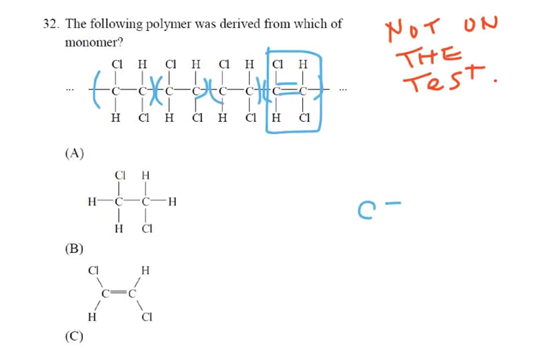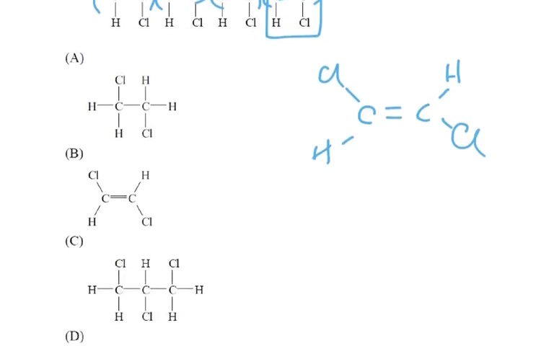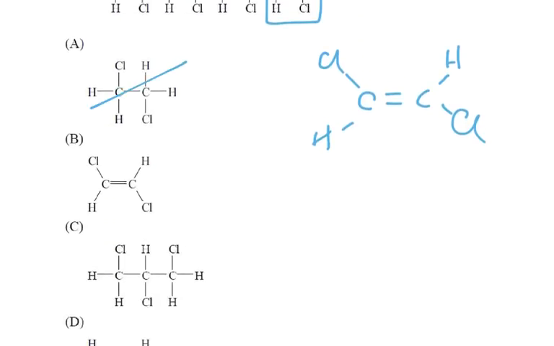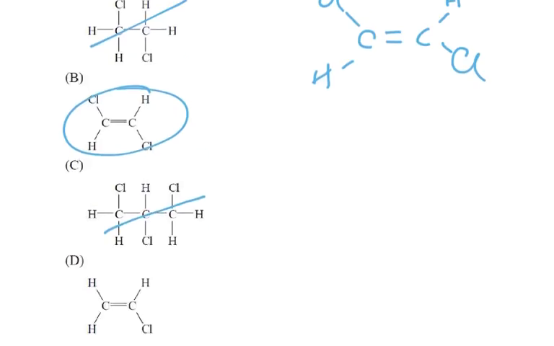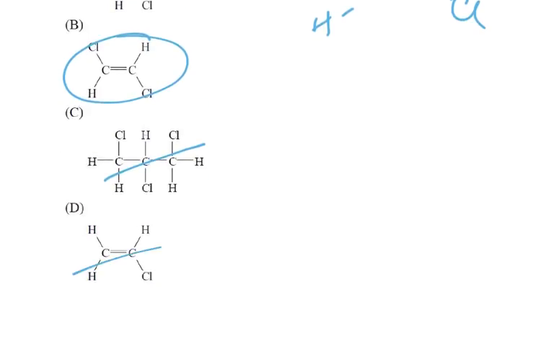So we're looking for a molecule that's double bonded, and it has a H and a H and a Cl and a Cl, and that's not A because it has single bond. This looks good. Okay, here there's too many carbons, and this only has one Cl, so that cannot be the answer. So the answer there is B.